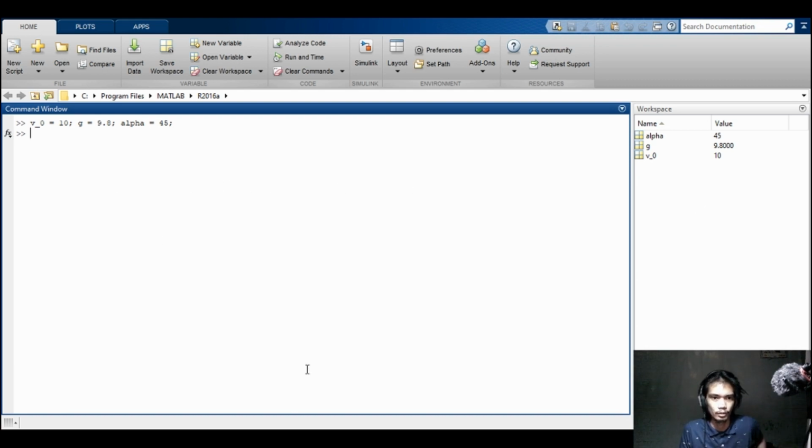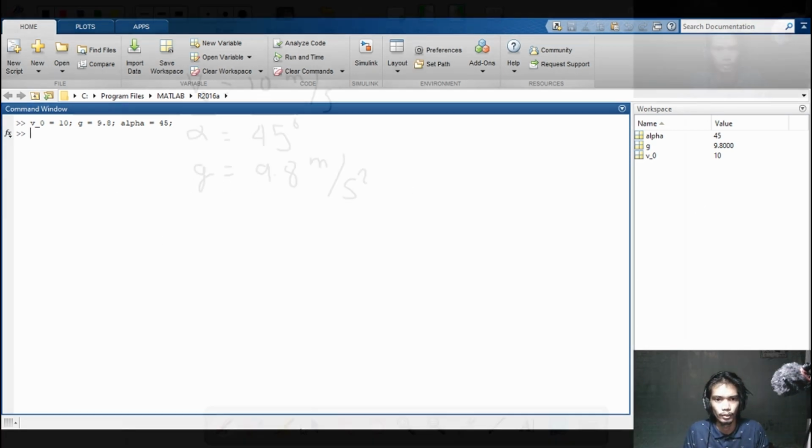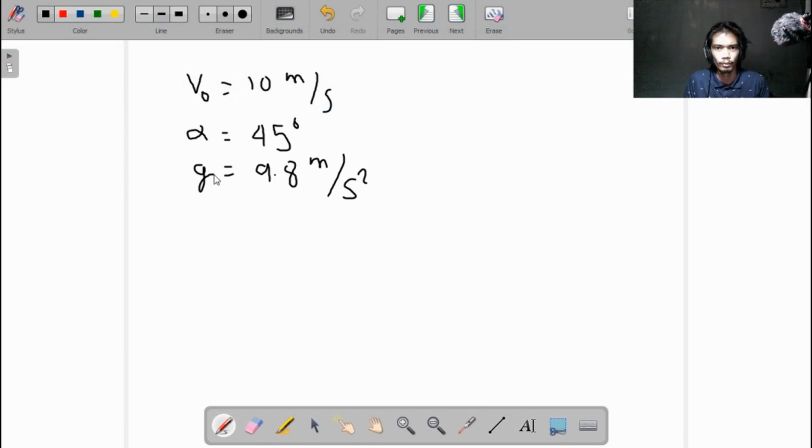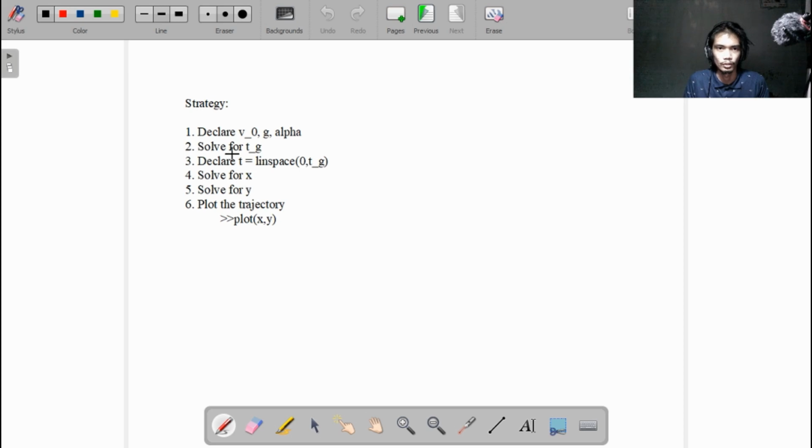Okay, next, according to our open board, we need to strategize. So let us now following the strategy that we have initially, let us now try to solve for T of G. So okay na yan, nagawa na natin to. Declare na natin yung v0, g, and alpha.